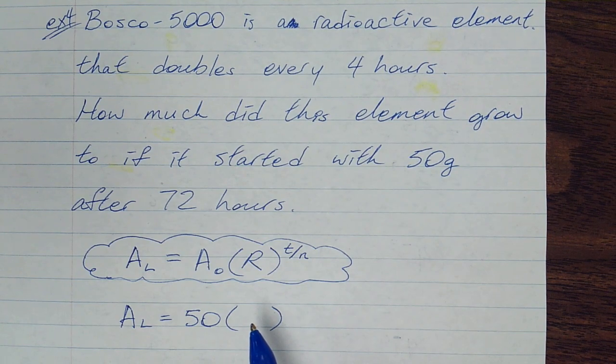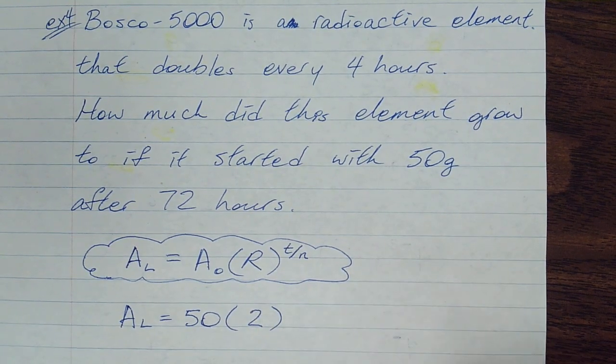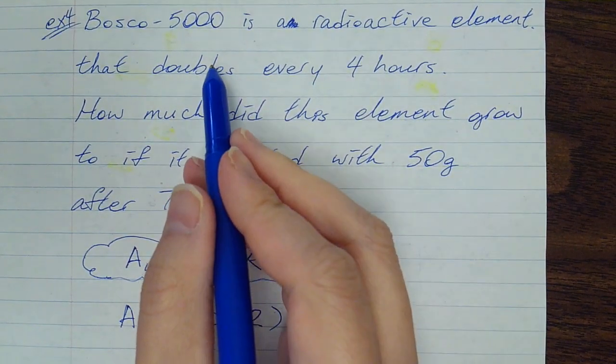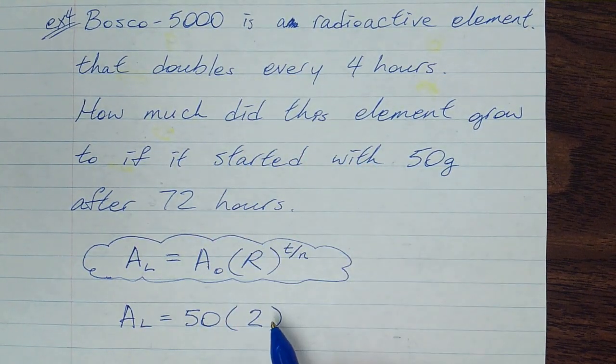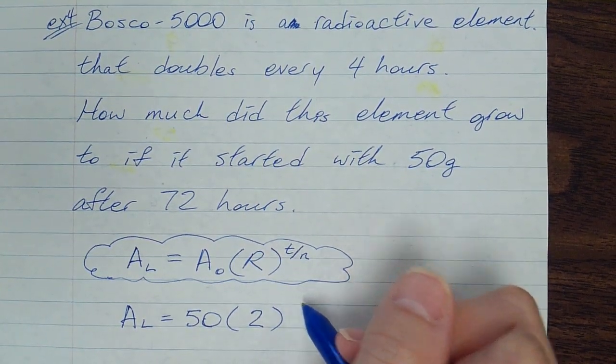How is it changing, Maria? Oh, double. So what number is double? 2. Good job, Arvin. 2. Double. All right. If it's triple, then you write 3. If it says half, you write a half. Quarter, you write quarter. All right. The time in the question.